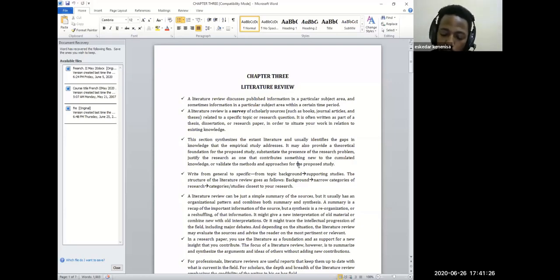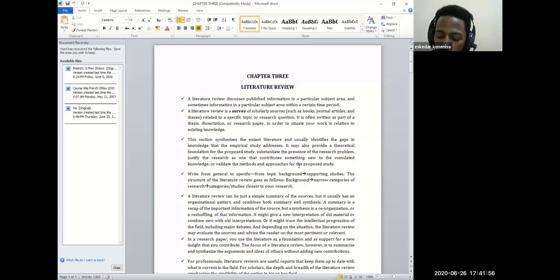Therefore, for scholars, the depth and breadth of the literature review emphasize the credibility of the writer in his field. It is in this way that you show your reader that you know the topic. You have to consolidate to the reader that it is your subject, that you are an expert in that subject.